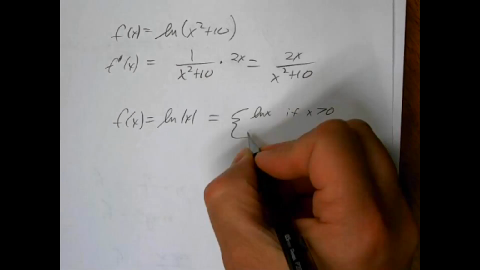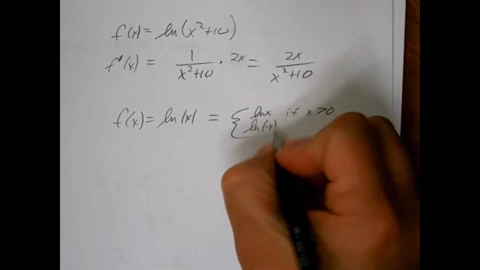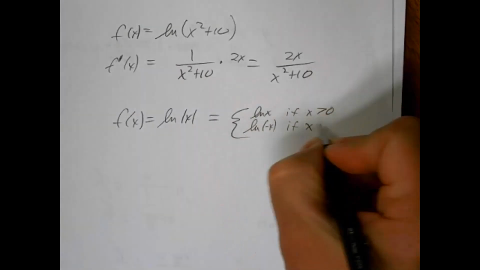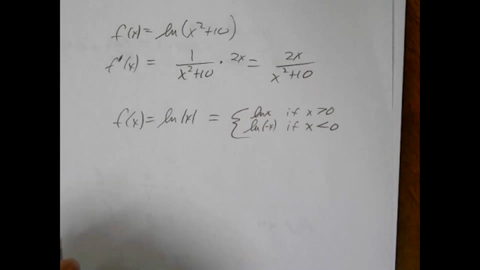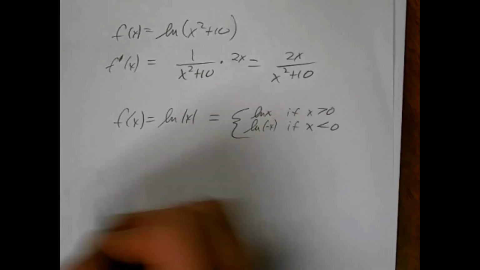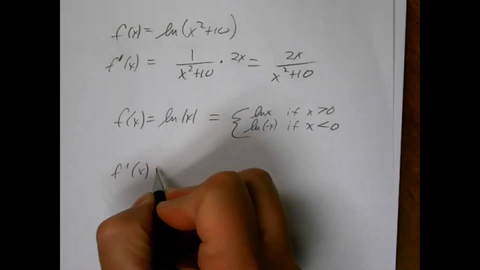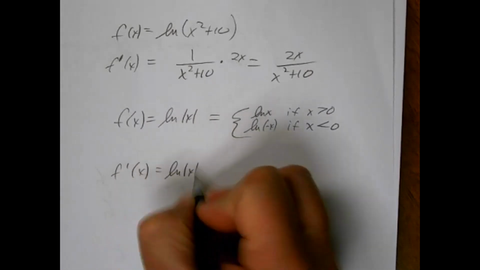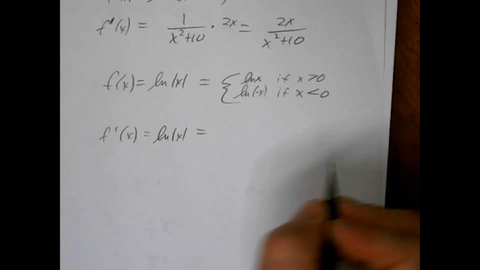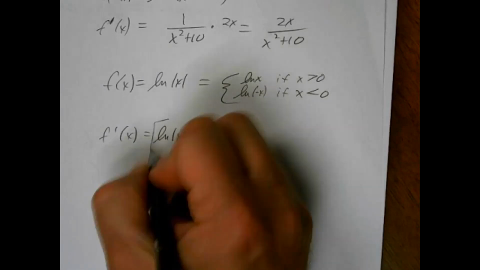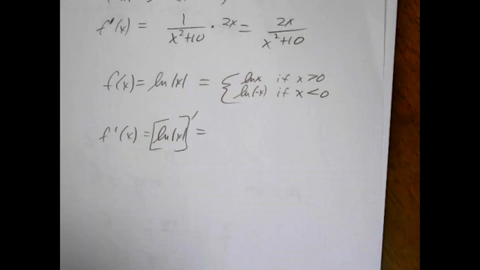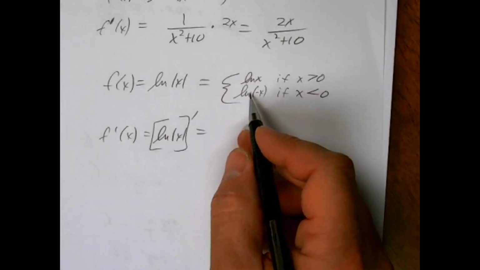This is the natural log of the opposite of x if you have an x that's less than 0. If we differentiate this, then what's going to happen is we're going to differentiate it in parts.